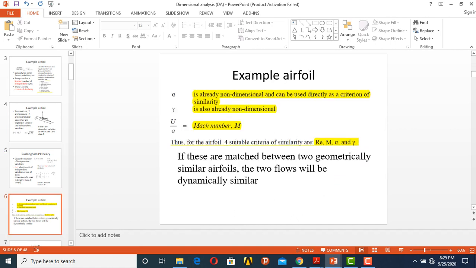Let's move on. So we look at the non-dimensional ratios from these parameters. The first one being the speed of sound.